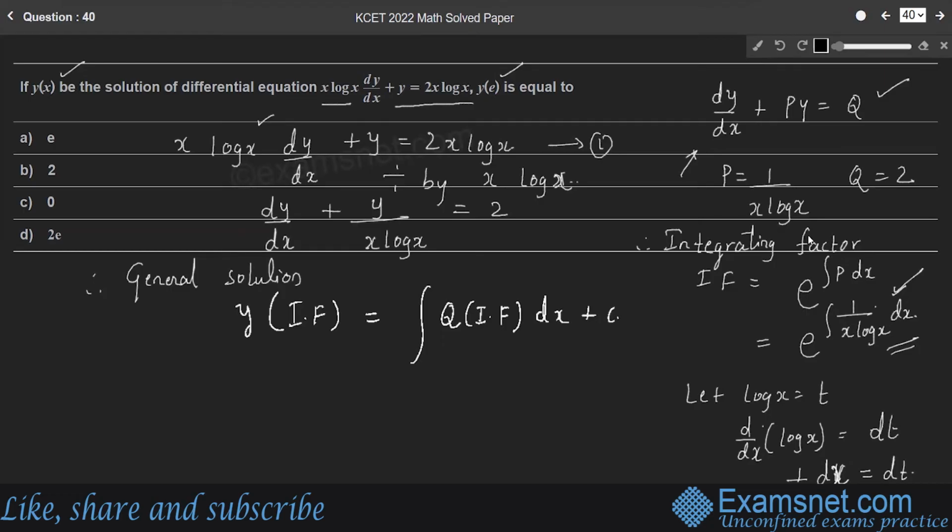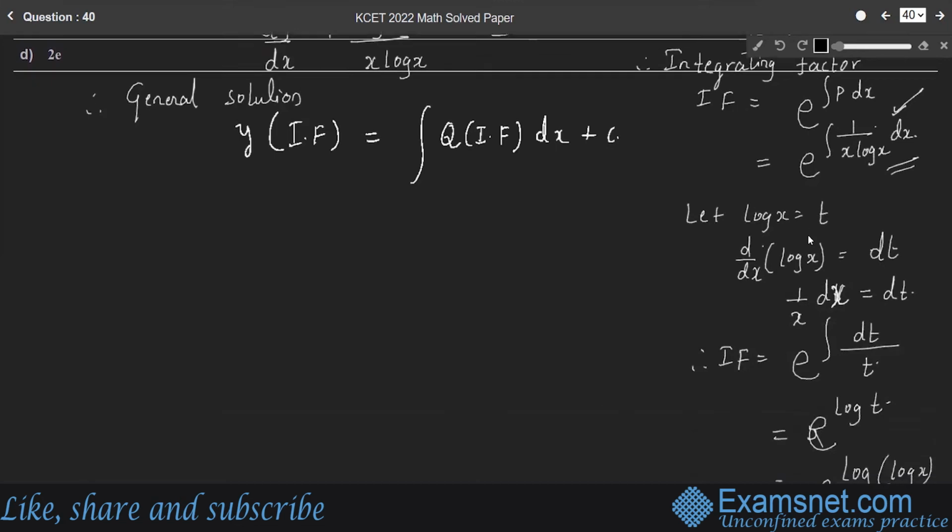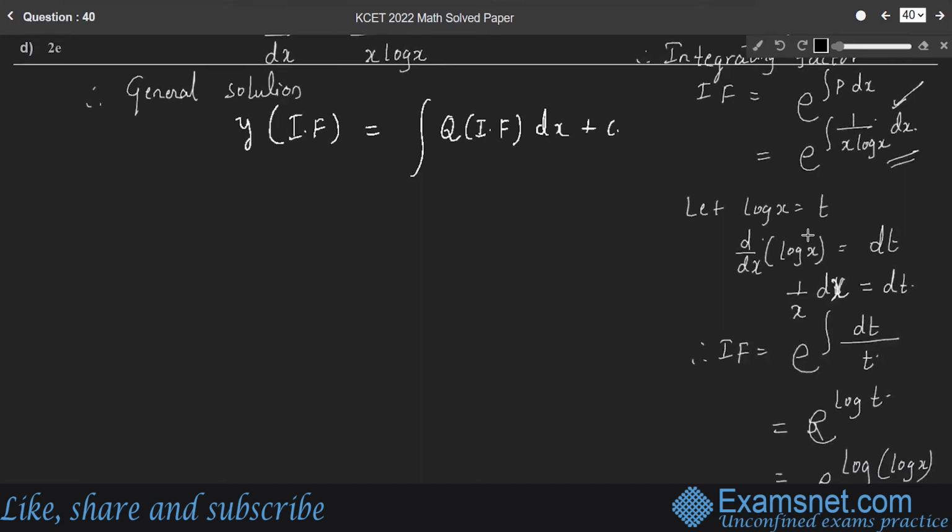Therefore, y into integrating factor. So what is integrating factor? Log x, right? So y into log x is equal to integral, what is q? q is 2, integrating factor is log x with respect to x plus c, right?